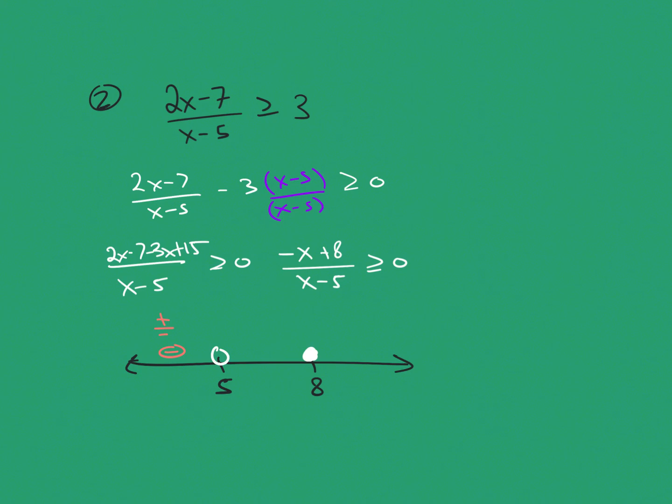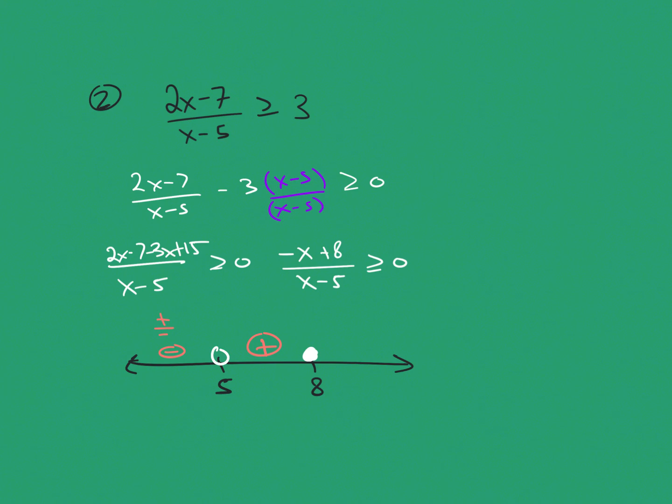Let's go with the bouncing and crossing idea, or diverge and converge. My vertical asymptote here has a multiplicity of 1. It's going to diverge, so the sign is going to change. That means we are going to be positive on this side. And then my x-intercept from the numerator has a multiplicity of 1 also, so it's odd, and so it's going to cross.